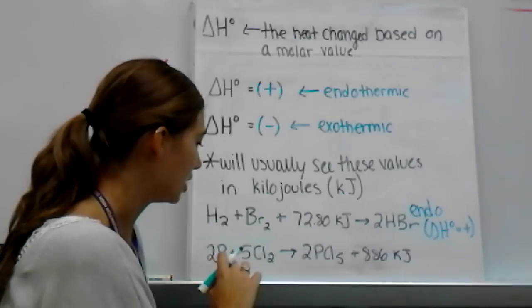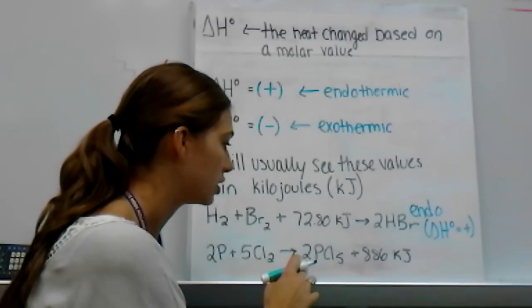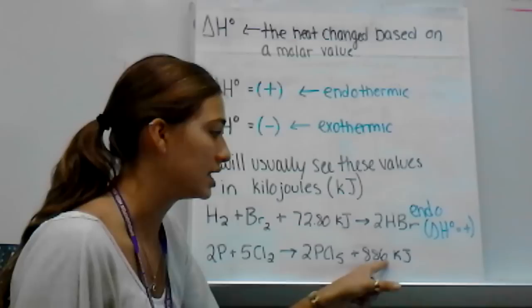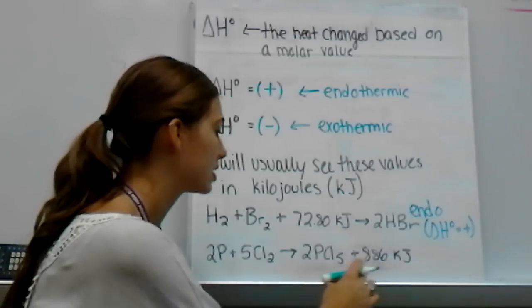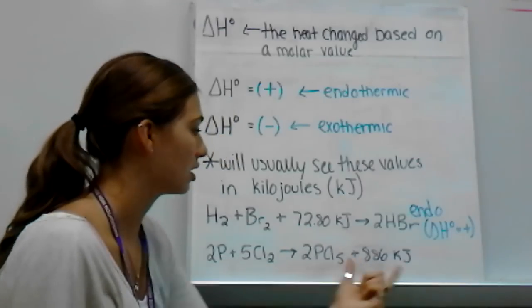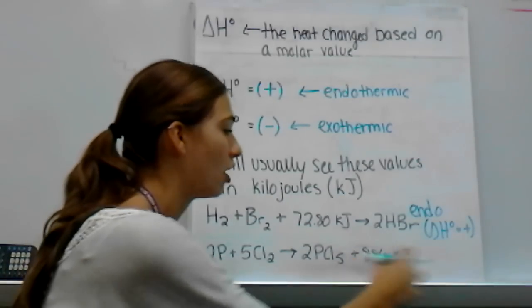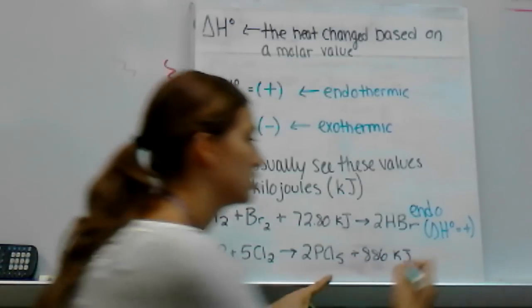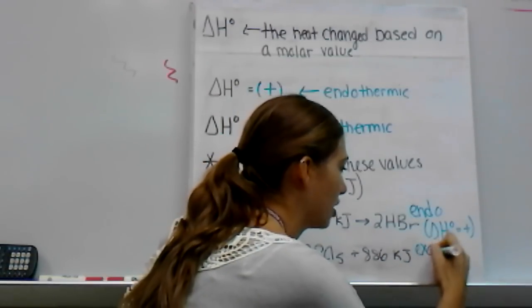For this one, we have 2P plus 5Cl2 goes to 2PCl5 plus 886 kilojoules. Here we're saying that our reactants have given off heat. So one of our products is going to be heat. This is going to be an exothermic reaction.